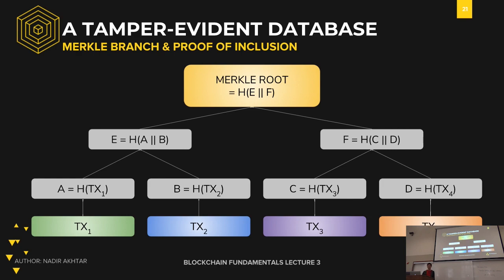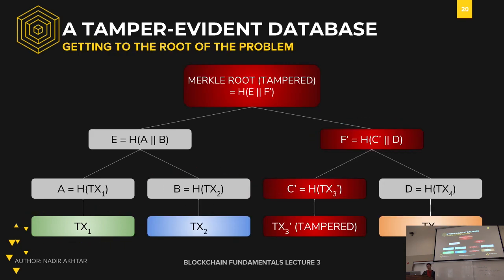If we already have this established Merkle root, when you change transaction 3 by modifying it to you sending money to yourself, it reflects back in the Merkle tree, and you get a different Merkle root. Because the input is a little bit different, it completely changes the whole thing.